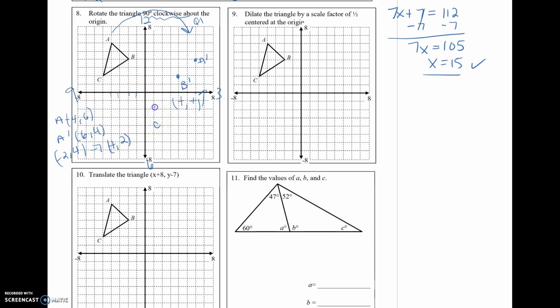And then lastly, my C is currently at -5, 2. When I switch those, my C prime will be at 2, 5. So I go over to 2, up 5, and that is my C prime. And if you're doing this on paper where you rotate your paper instead, you should get the same thing regardless.